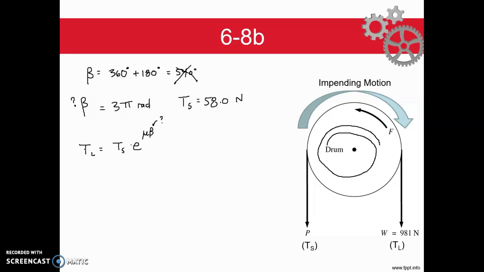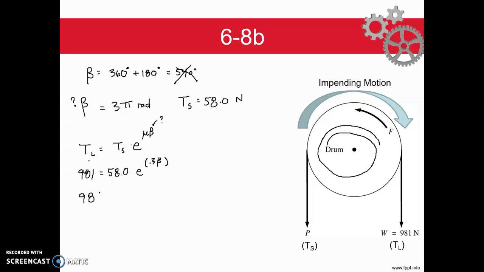So we would know that the large tension is 981. We would know that the small tension is 58.0, and then this would be e to the power of, we would still know that the coefficient of friction is 0.3, but we wouldn't know beta. How do we solve for that? Well, the first thing we would do is divide both sides by 58.